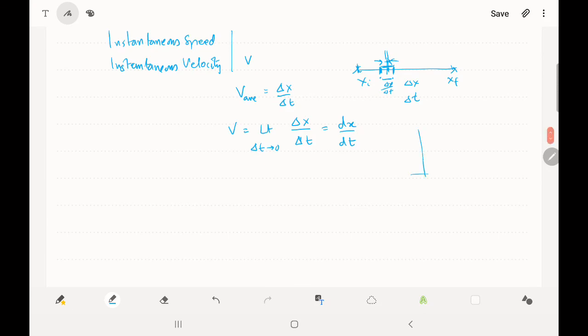If we draw a curve with t and x, so at x initial, this was whatever the value, it doesn't have to be 0, so that's x initial, and this is x final at some t, so this is delta t. So if we draw a curve, well, it could be a curve, so make it a curve.